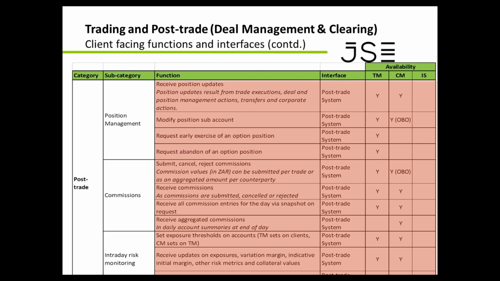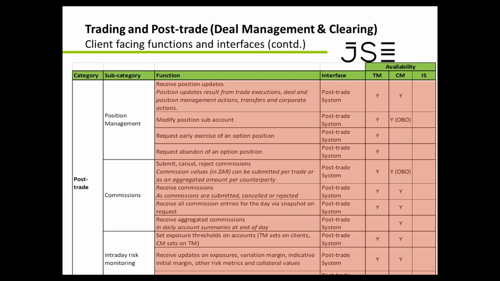Right, some more functions on post-trade, on eMAPI. First of all, position management. Similar in the vein of deal management, we've got position management. As we receive trades and as deal management happens, position updates get processed in the clearing system and pushed out, and positions change and move. But you also have a couple of options to modify a position sub-account.